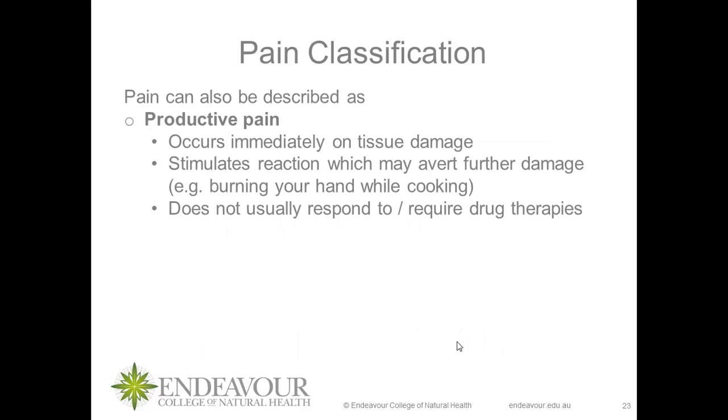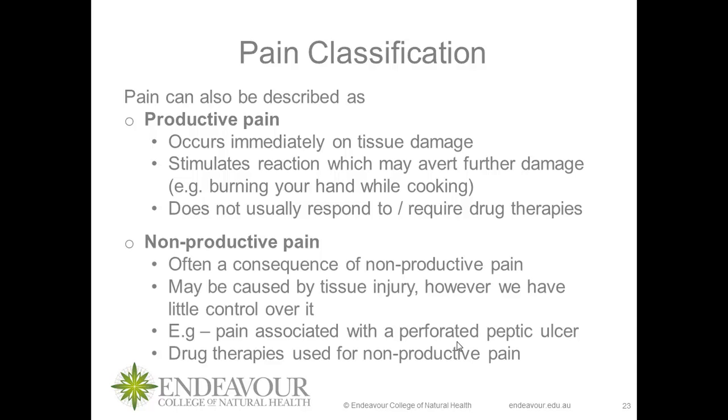So once again, we talked about productive pain and non-productive pain. Non-productive pain is often a consequence to tissue injury, but productive pain is where there is a real tissue injury, where detecting that pain and the CNS then causing you a reaction to that pain, such as, you put your hand on a hot cooking plate, you immediately remove your hand.